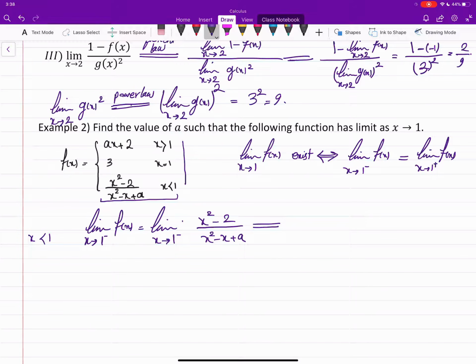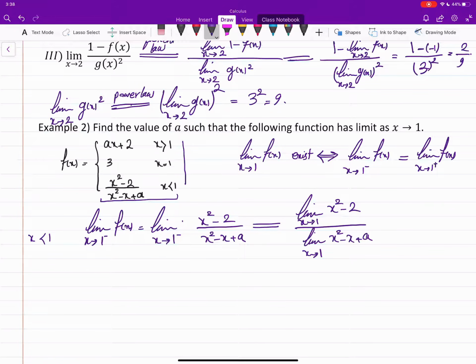Then here we can apply the quotient law, assuming two things: that the limits of the numerator and denominator exist and they are non-zero.